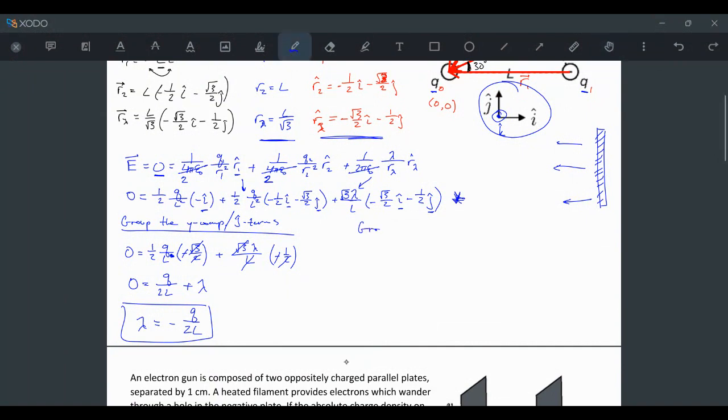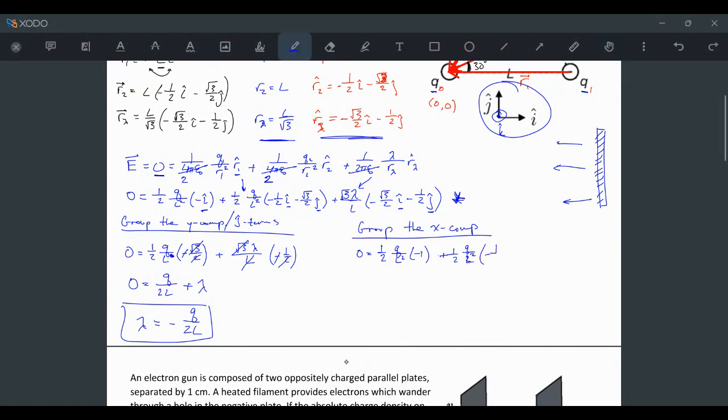So you could solve this a second way if you group the x components. You could have, at this point, a separate line of solving. What you would get, if we go really quickly, is 1/2 q over L squared. That would have a -1 from the i hat. 1/2 q over L squared. This would have a minus root 3 over 2. No, it wouldn't.